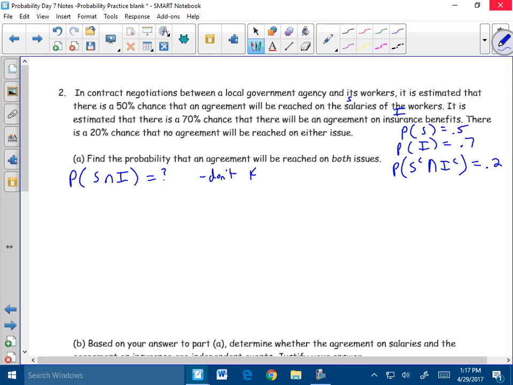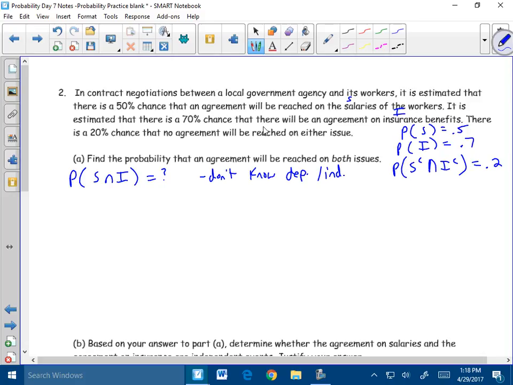So I don't know dependent versus independent, so that's a problem. I could test that if I could figure out my conditional probabilities. But they don't tell me that, and unfortunately, I don't have enough information to figure that out either. Because if you think about what the conditional formula is, it involves this.